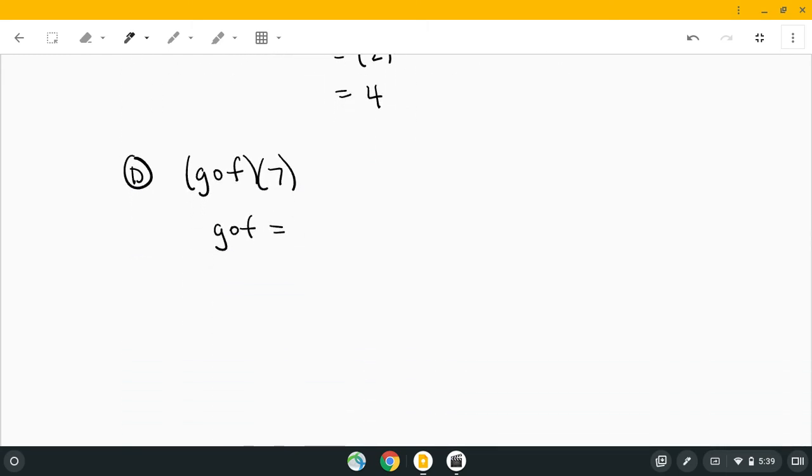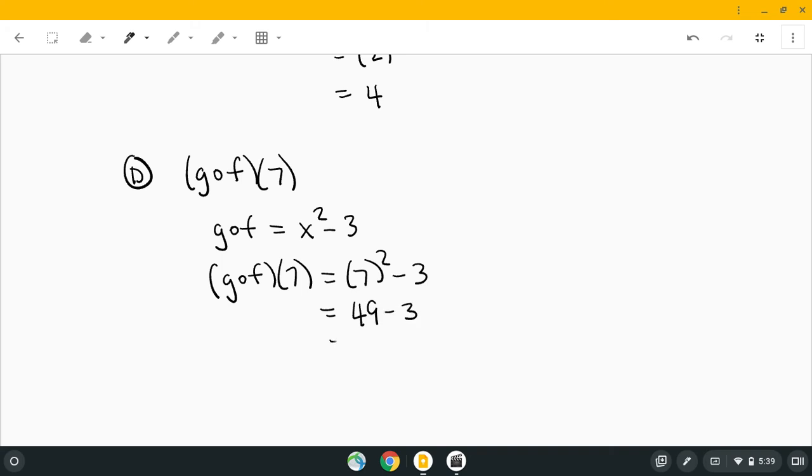G of F is x squared minus 3. So then G circle F evaluated at x equals 7 is going to be 7 squared minus 3, which is 49 minus 3, which is 46. Okay, so you should have gotten 46.